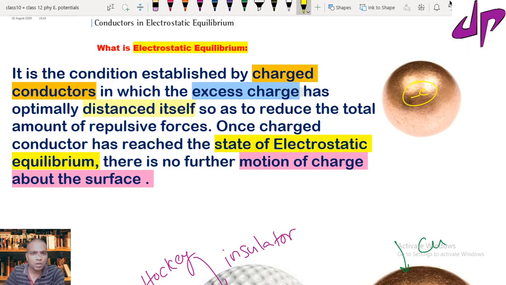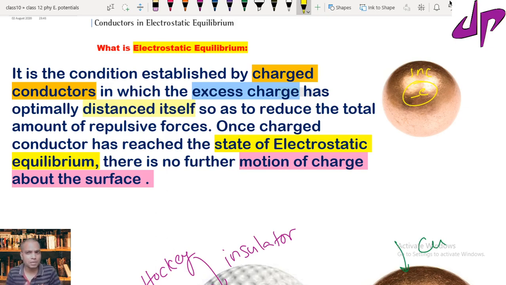Now what happens according to this definition? This excess charge has optimally distanced itself. Suppose you give 1 nanocoulomb of electrons here. Those electrons will separate by themselves.